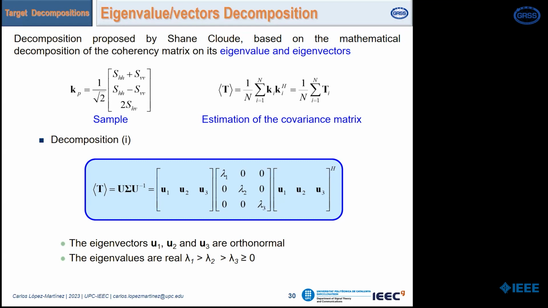What's your personal choice for full polarimetric decomposition out of all these? What do you recommend? I don't recommend anything. It depends on your application. That's the best recommendation. Whenever you are facing an application, there is a free software, PolSARpro, which some of you may know, you can look on the internet.